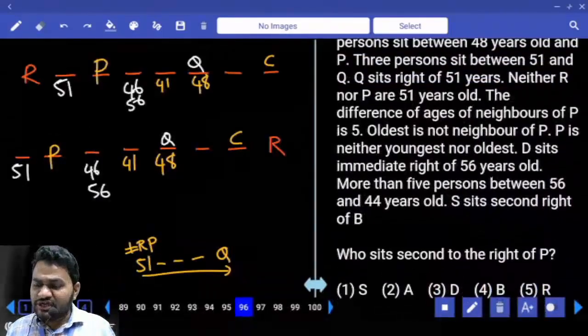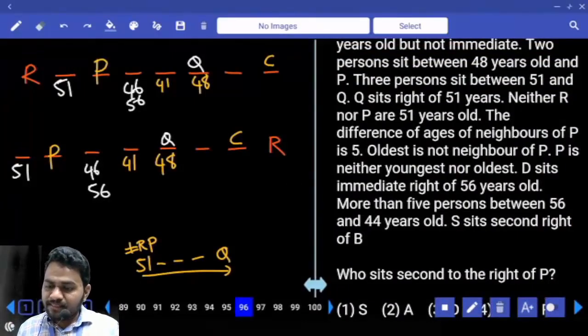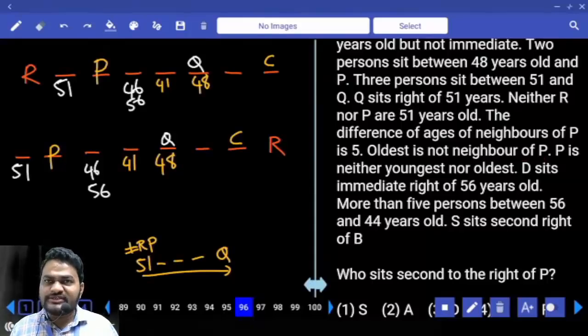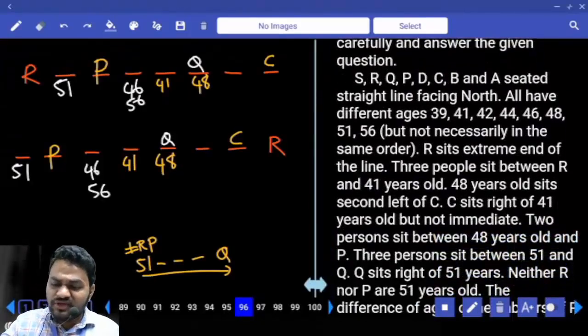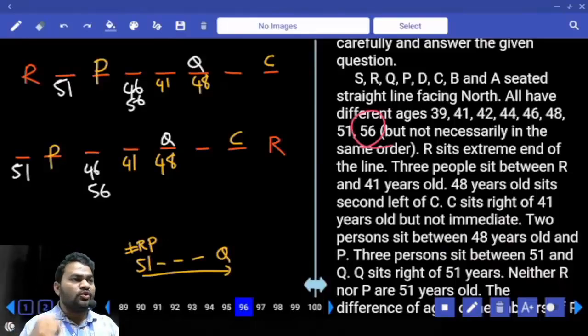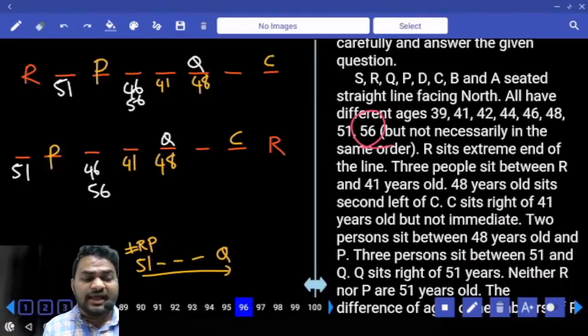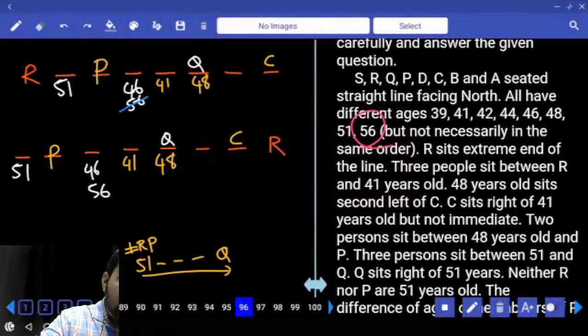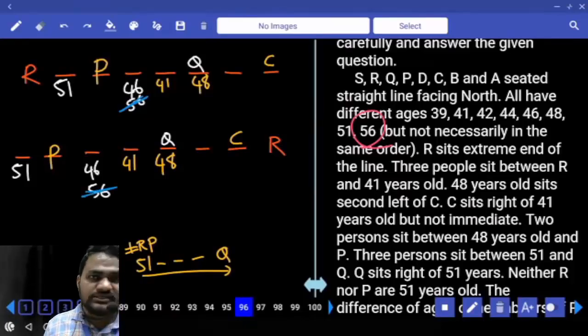And the next condition here, oldest is not neighbor of P. Among these ages, 56 is oldest, but oldest is not neighbor of P, which means that the one whose age is 56 is not possible. If it is not 56, obviously 46.